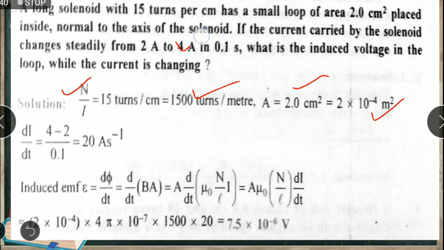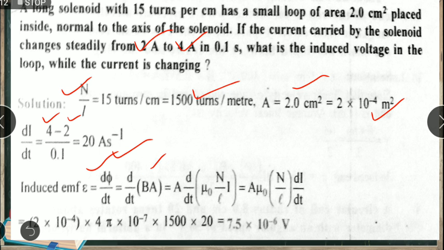Final current is 4, initial current is 2, divided by the time period 0.1. How much will you get? The rate of change of current is 20 ampere per second. Next, the induced voltage, nothing but the induced EMF. So, E is equal to d phi by dt. So, phi value is nothing but BA, isn't it?